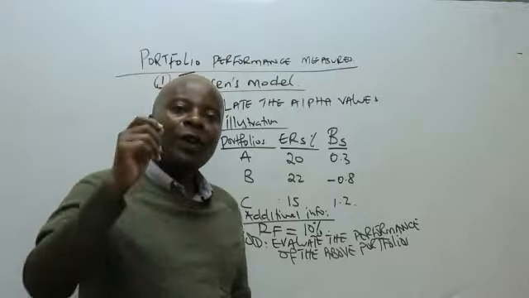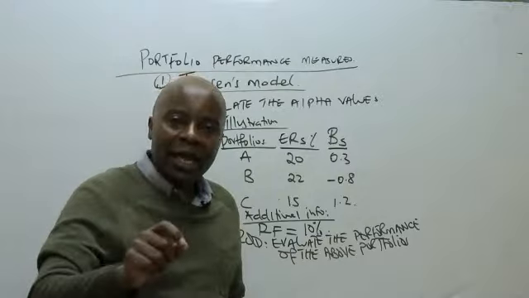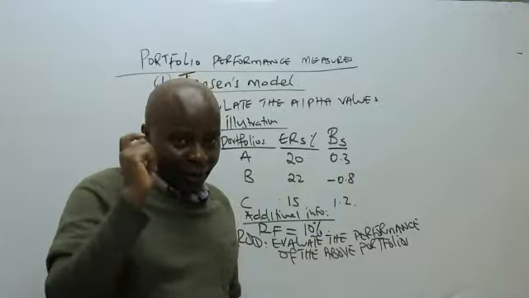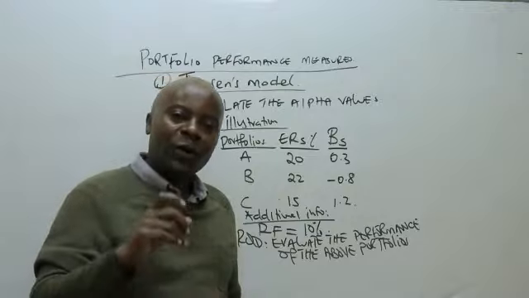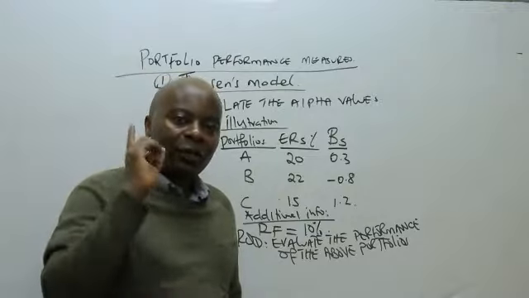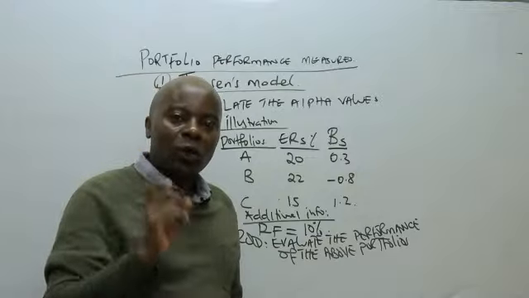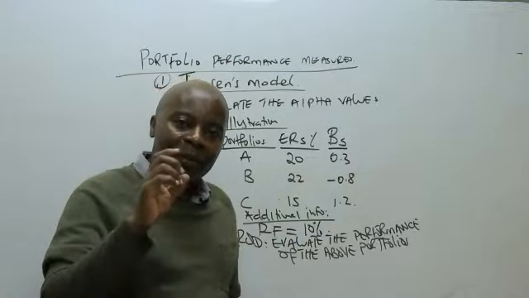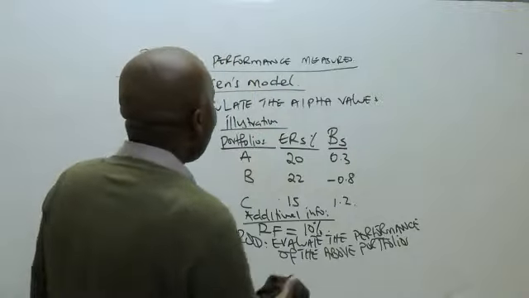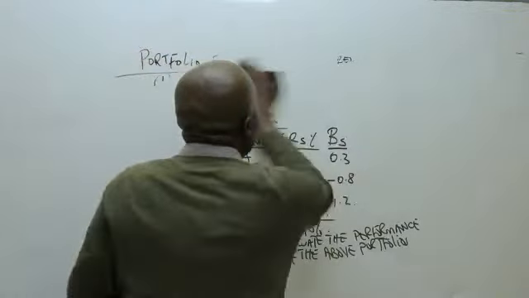Solution. The first thing that you will do, my friends, is to calculate the CAPM returns. If you want to use Jensen's model to evaluate performance, the first thing that you do is to calculate the CAPM returns. So come and give us the CAPM returns here, ladies and gentlemen.